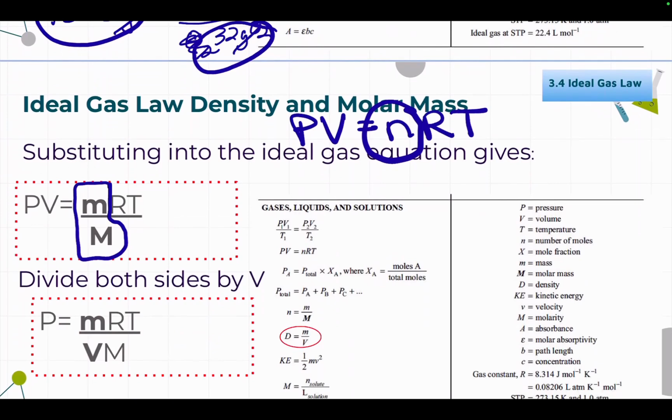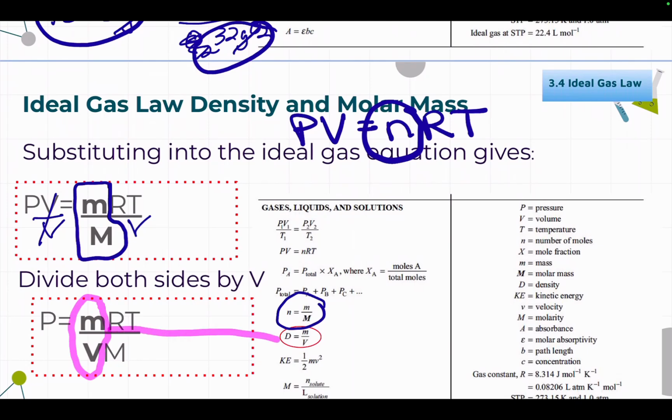And I have that right here on my formula sheet. Then if we divide both sides by V, the volume, and isolate the pressure, I have the equation mass times the ideal gas constant times temperature over volume times molar mass. I can isolate this part out, and this is density.